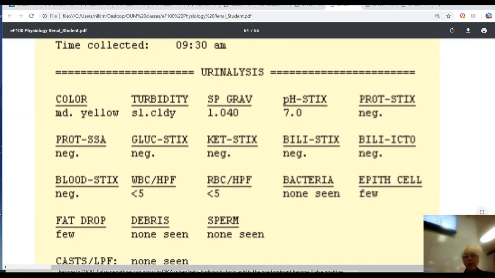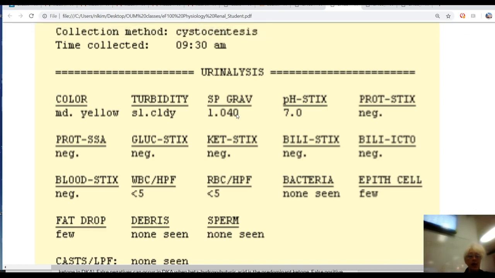Let's go back. Urea. There's 10 altogether, actually. And this goes over urine analysis. It tells you kind of like the color. So when someone's collecting, here's your bilirubin, your protein, your pH, your specific gravity.